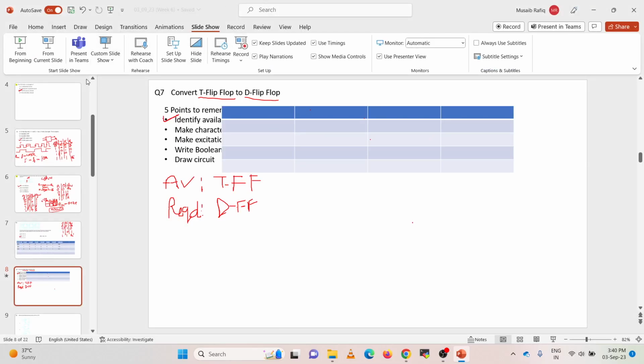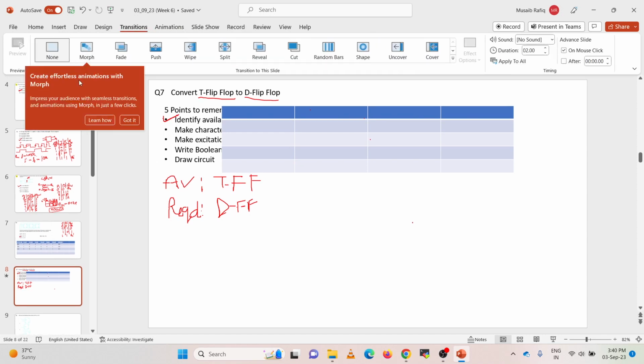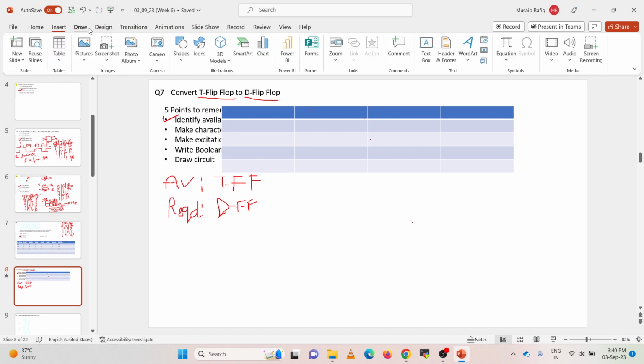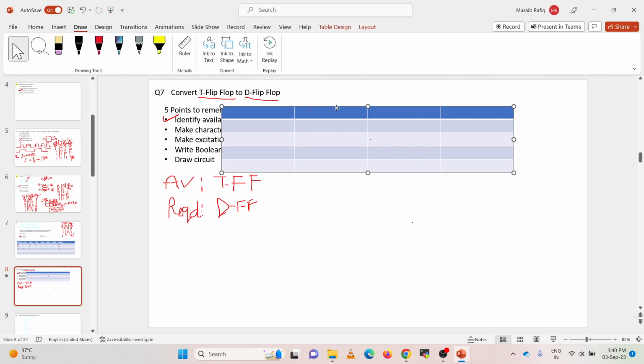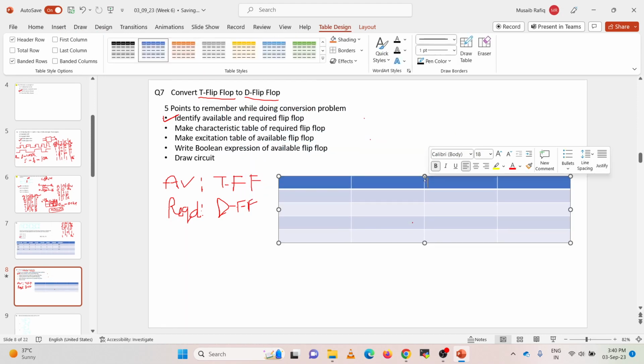I'm not able to get rid of this pointer somehow. Yeah, finally. So what we need to do, we have to write down the characteristic table of the required flip-flop. That is point number 2.